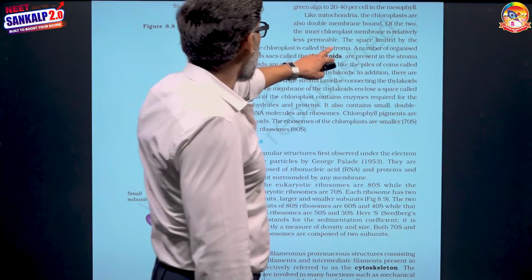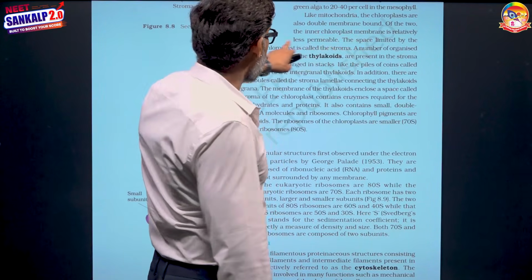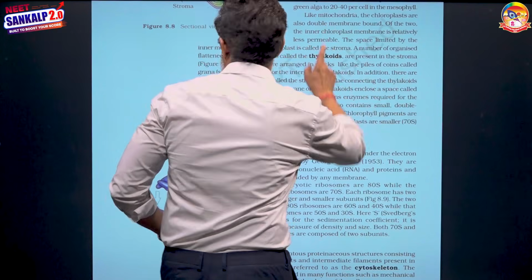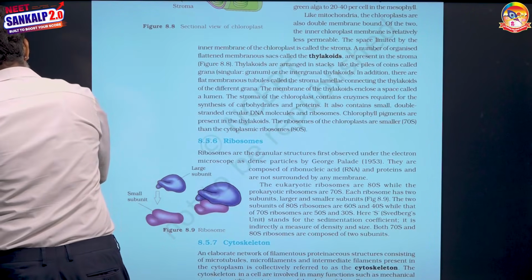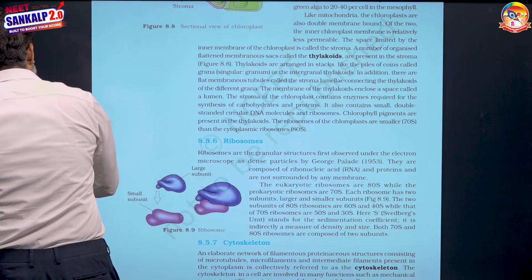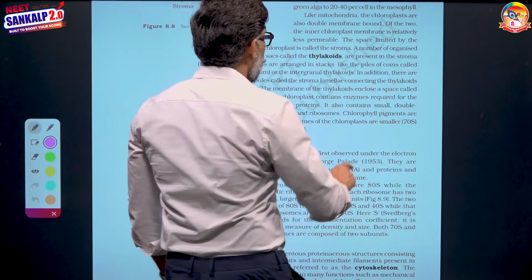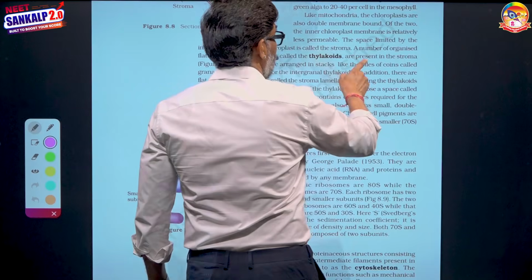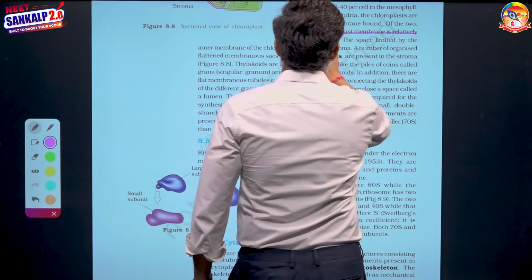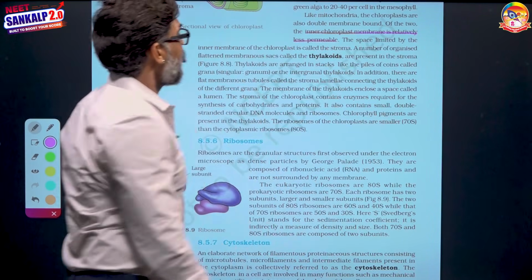This comparison is between the outer and inner membrane of chloroplast. The inner chloroplast membrane is relatively less permeable.